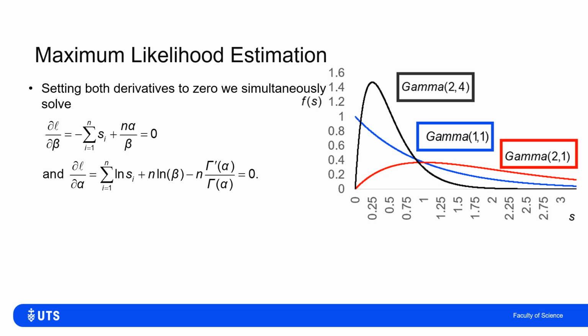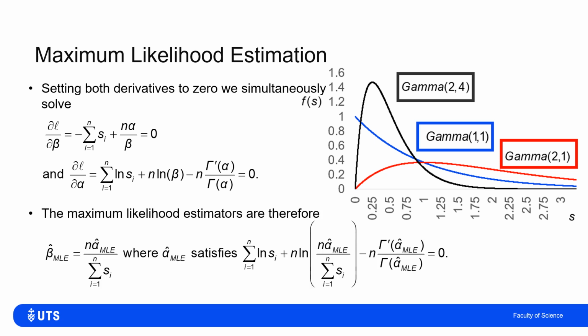That's fine. But even having that, plugging it into the second statement, the derivative of the log likelihood with respect to alpha, it's not really going to help me. The best I can say is that beta hat by maximum likelihood is n over the sum of the s's times alpha hat, and then alpha hat has to satisfy this pretty awful statement.